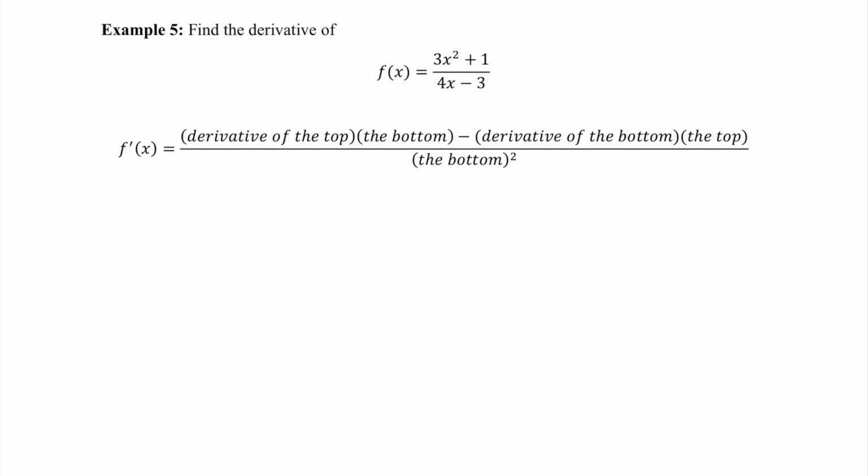The quotient rule says f prime of x equals the derivative of the top times the bottom, minus the derivative of the bottom times the top, all over the bottom squared.